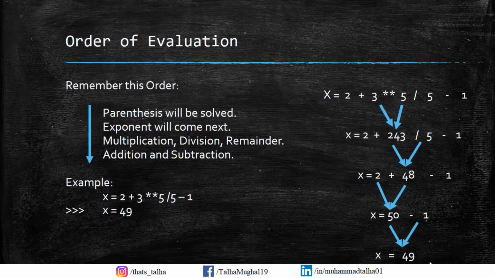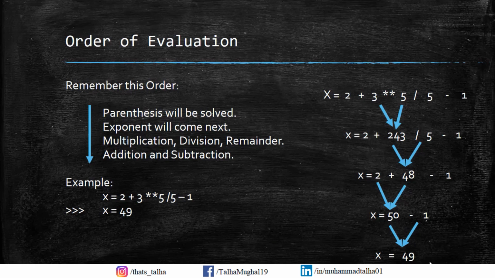For example, here we have the expression 2 plus 3 raised to power 5 divided by 5 minus 1. In this expression, we have to solve the exponent in the first step. 3 raised to power 5 is 243. After that, as you know, multiplication or division or remainder comes.